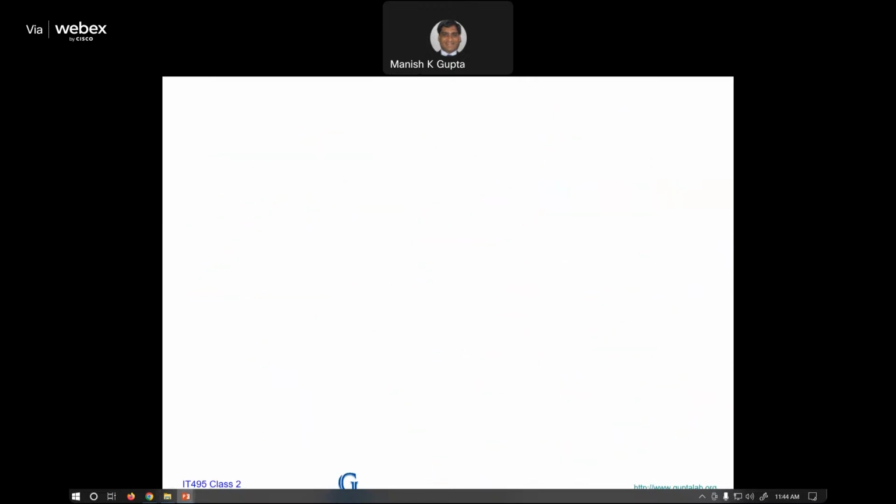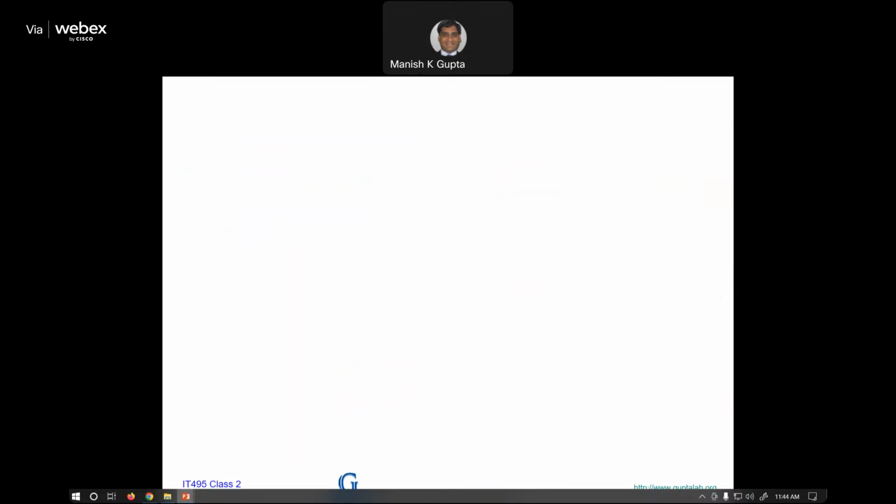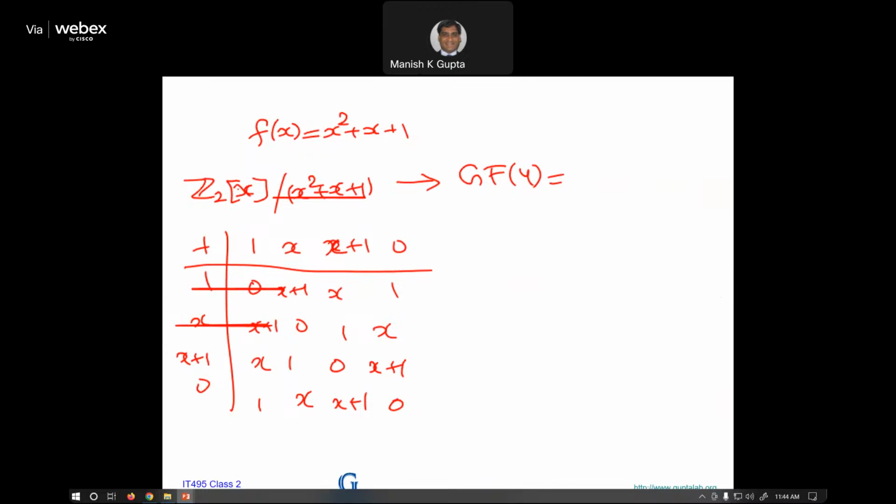Now, one thing I should mention to you here. If you remember or recall the course on discrete math at some point of time, if we divide this whole ring Z2[x] with this polynomial, x square plus x plus 1 is equal to 0.